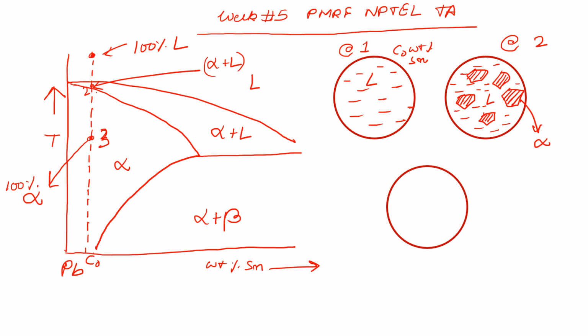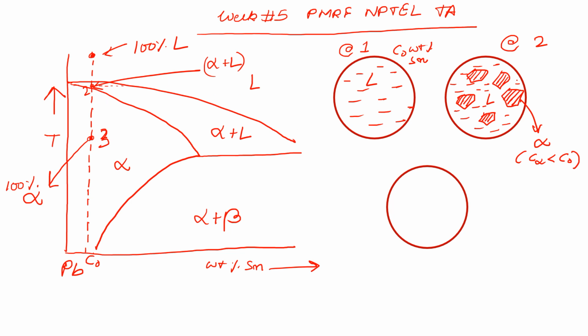Here the composition of the liquid will be given by the point of intersection with the liquidus, and the solid by the solidus. So the alpha composition here is less than the composition of the melt that we have taken initially, because the liquid has taken some of the solute, right?